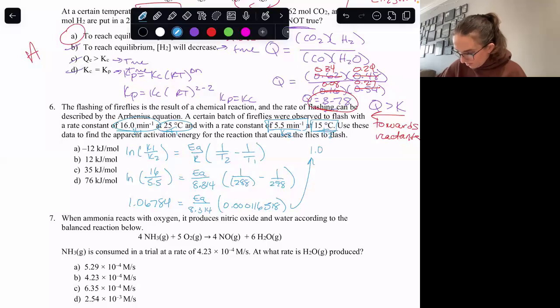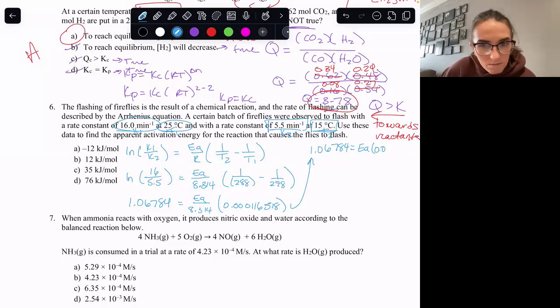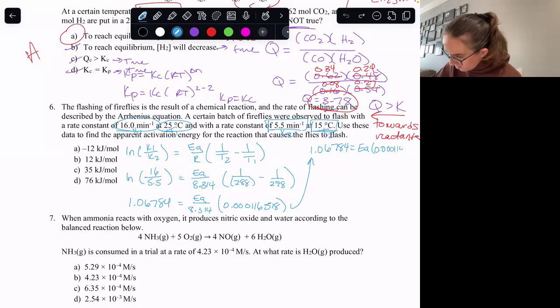So you get this, and then you can divide by that small number to get EA by itself.